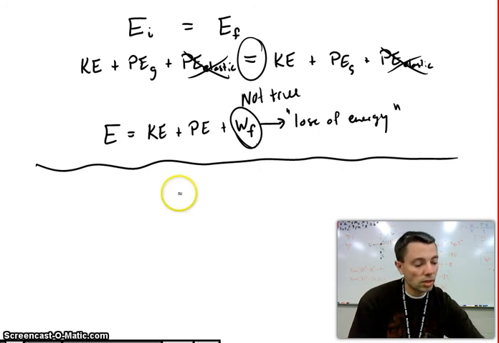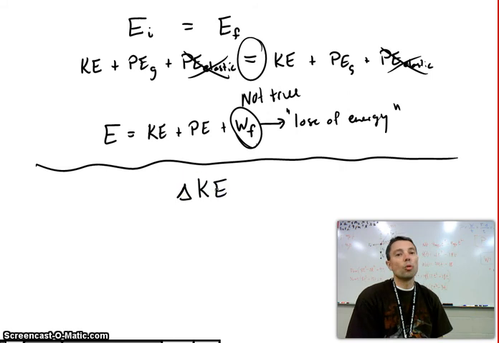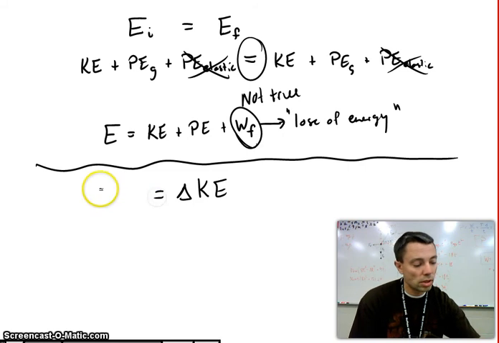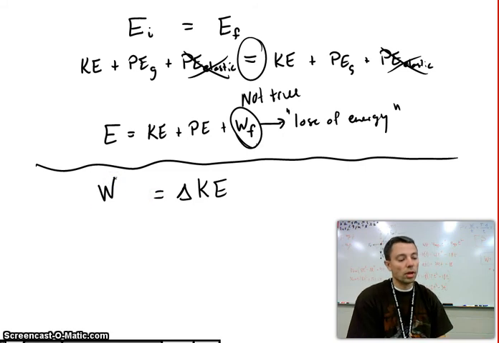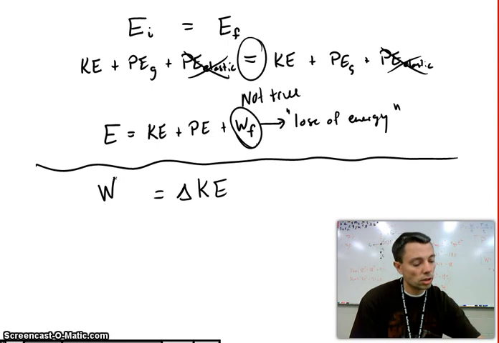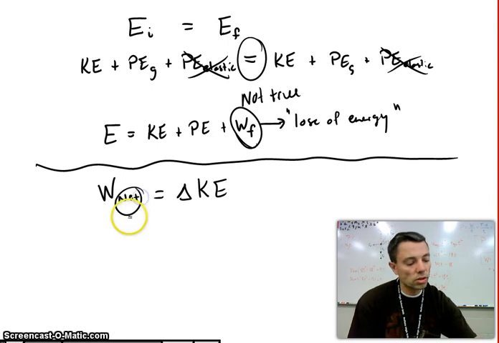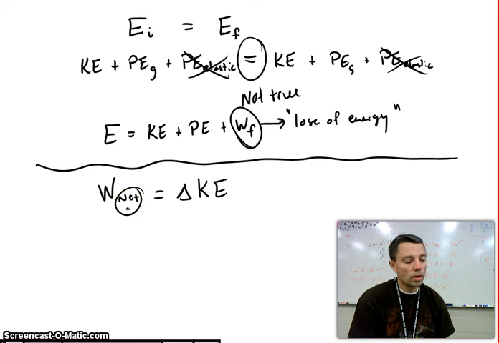So anytime I see a change in kinetic energy, I had to apply a force through a distance, which means that I had to do some kind of work, okay? So work was always equal to the amount of change in my kinetic energy. We usually refer to this as my net work, but remember, net is just something that we can throw in there. So that would give me the change through that.